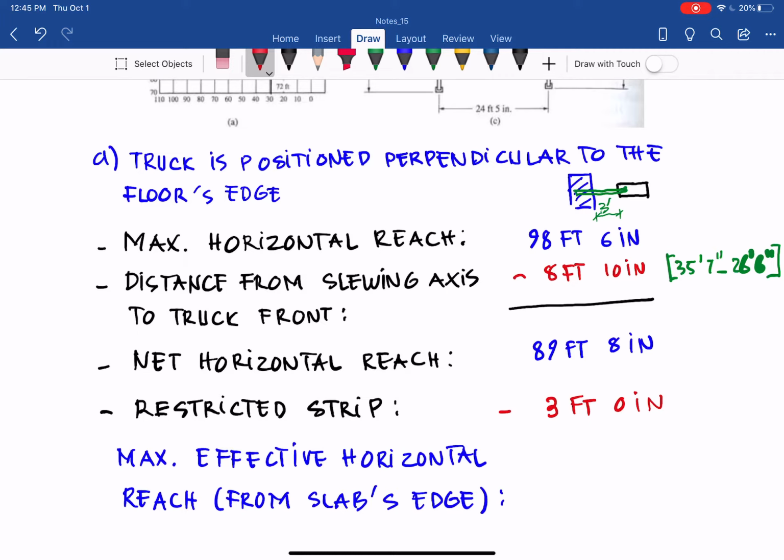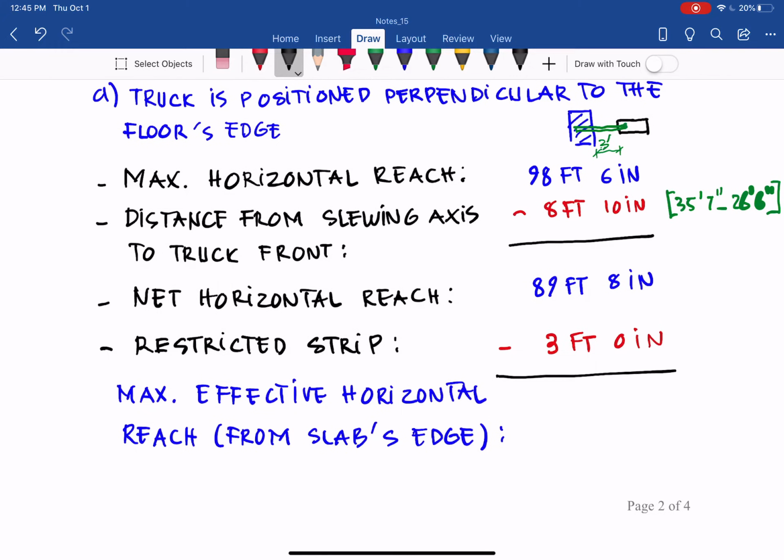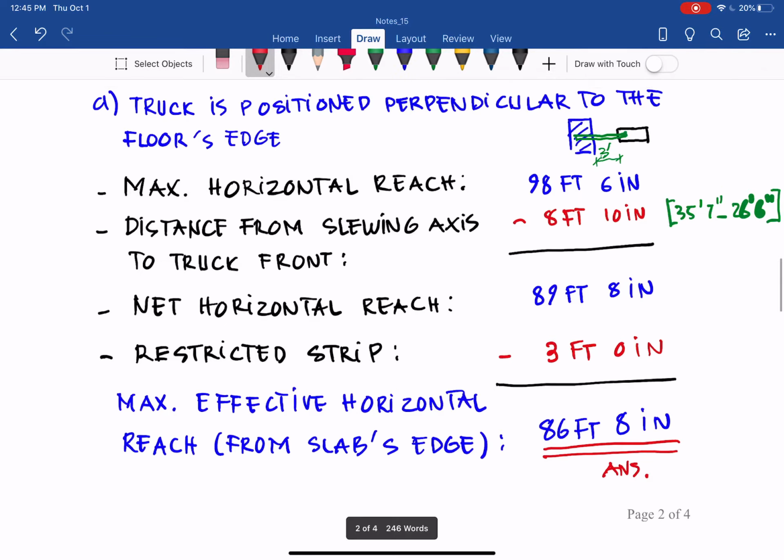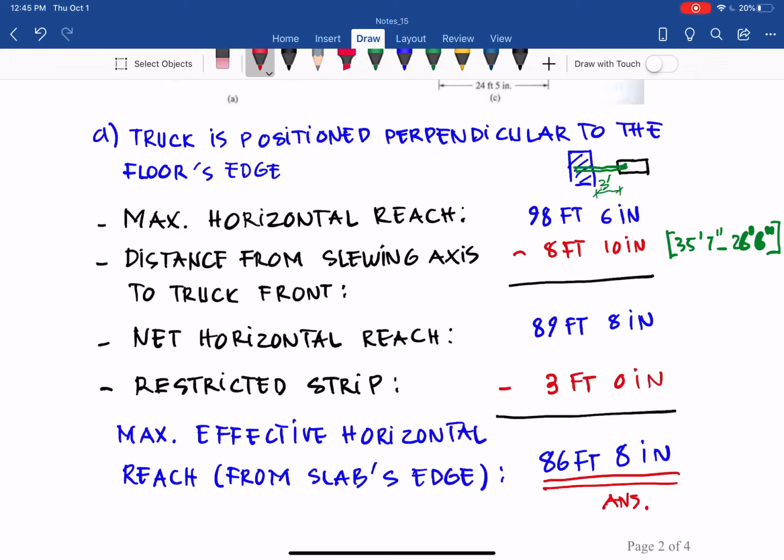Then from that one, we can determine the maximum effective horizontal reach from the slab edge. 8 minus 0, so it will be 8 inches, and 89 minus 3, so we have 86 feet 8 inches. And that is the answer for scenario 1, which is the truck position perpendicular to the floor edge.